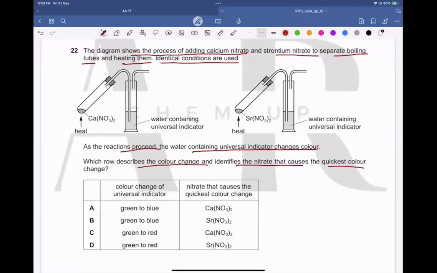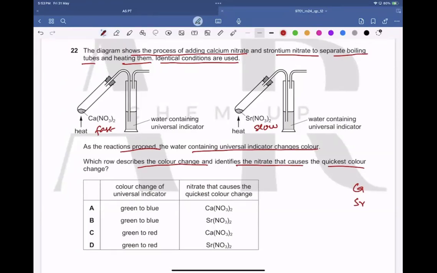So the quickest one is this one, fast, and this one slow, because we have studied the trend that when we move down the group, the thermal stability increases. So calcium is top and strontium is lower. Okay.